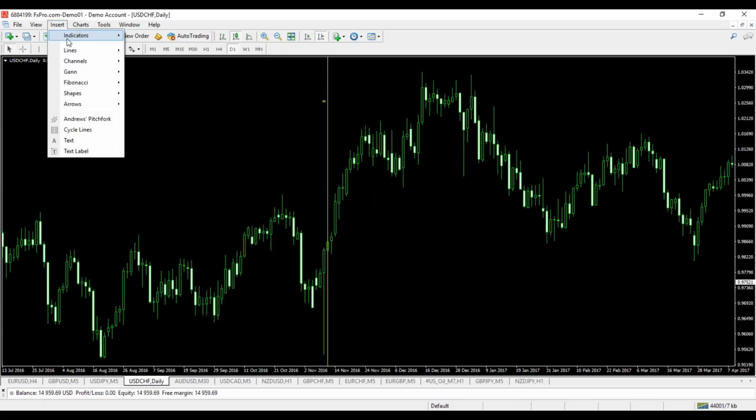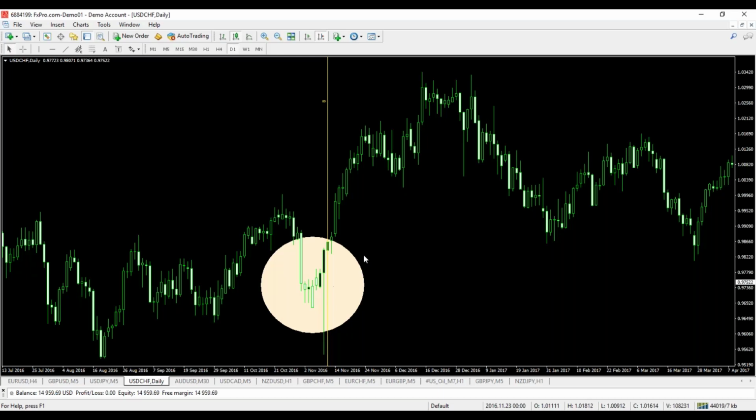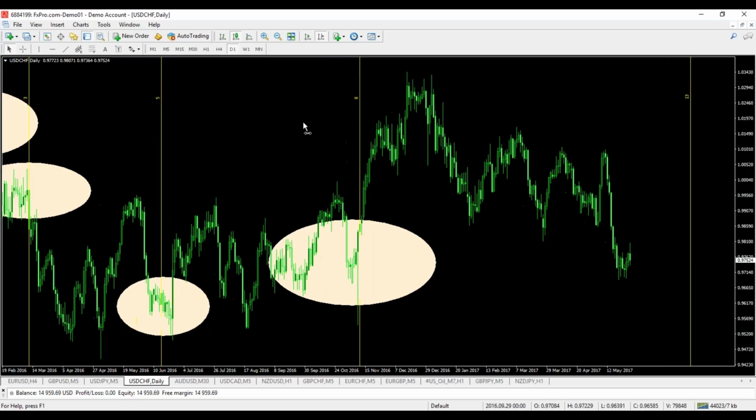After a price correction, we see a turning point, and after the creation of this bottom, the price enters another bullish trend. Now let me zoom out the chart.